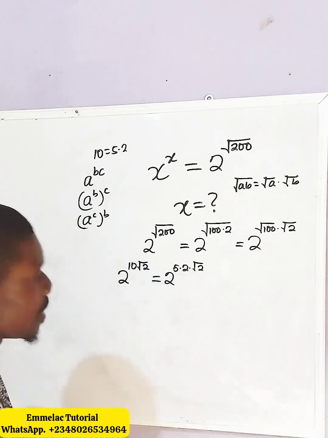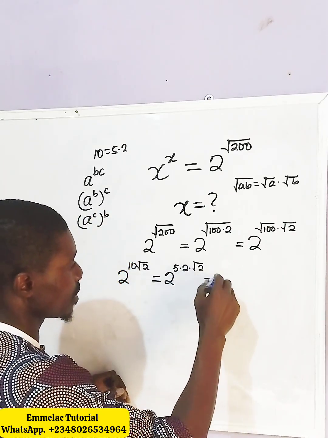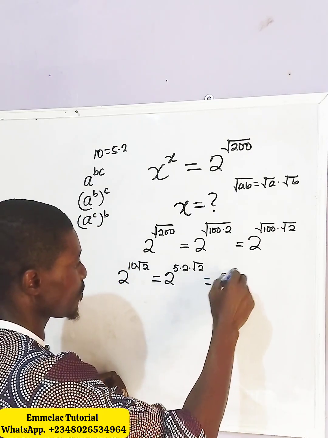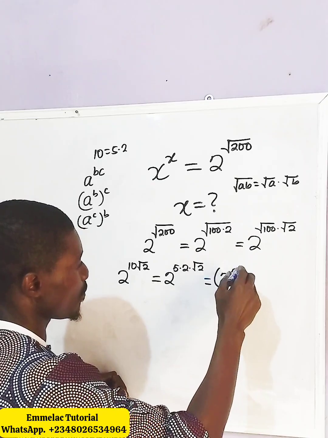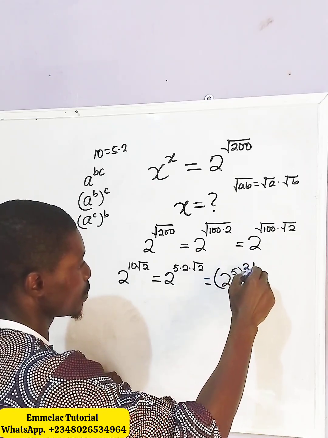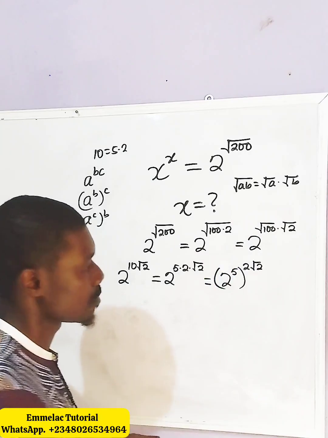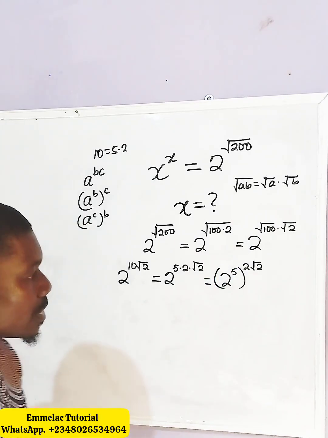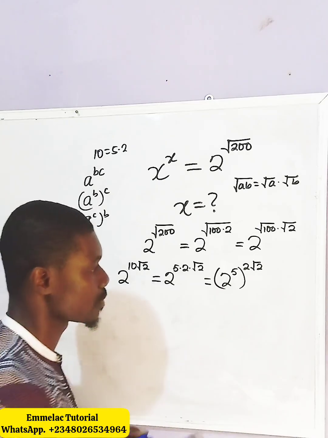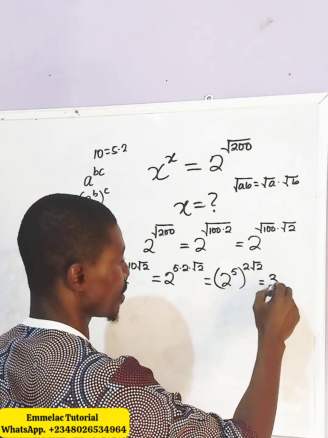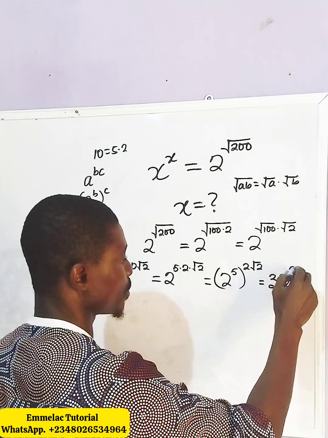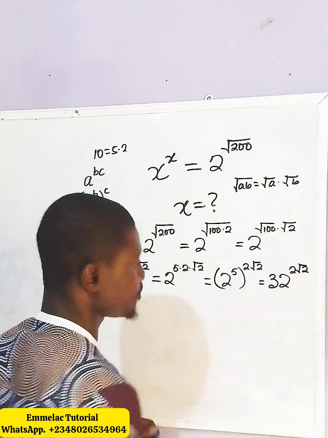So looking at this now, we can say this is the same as 2 raised to the power of 5, raised to the power of 2 root 2. Now 2 to the power of 5 gives us 32. So here we have 32 raised to the power of 2 root 2.